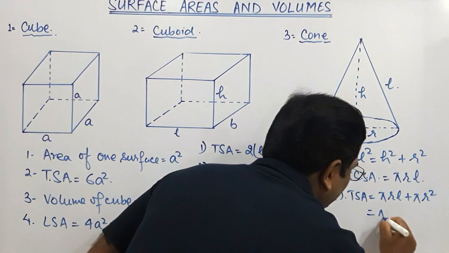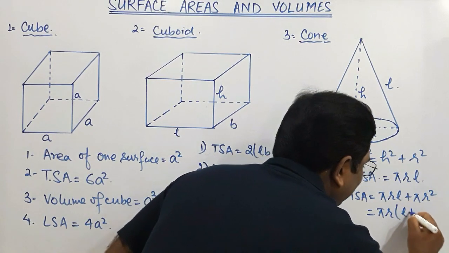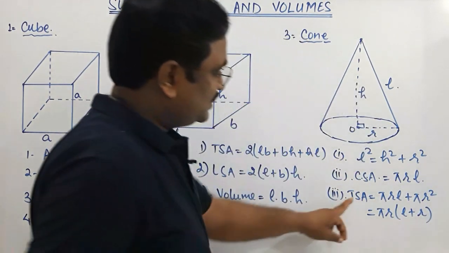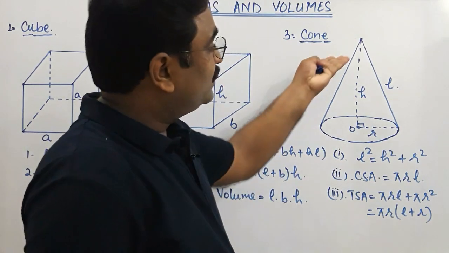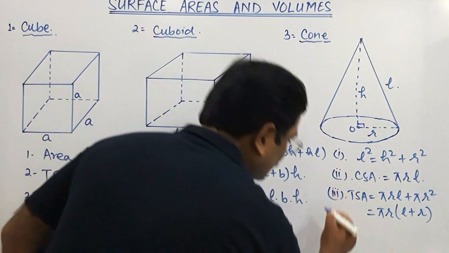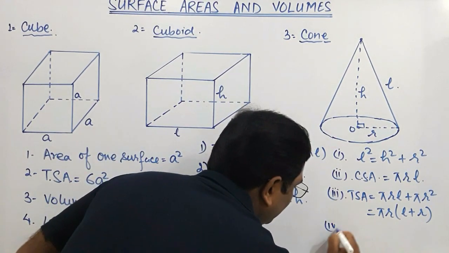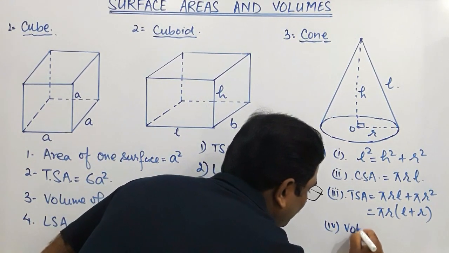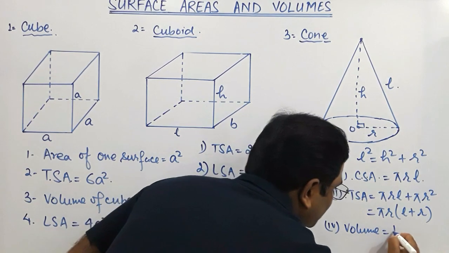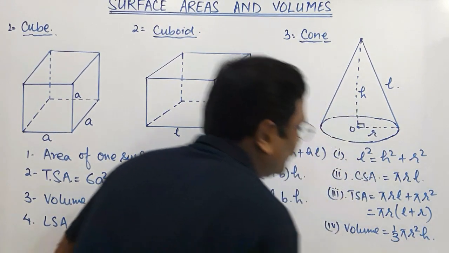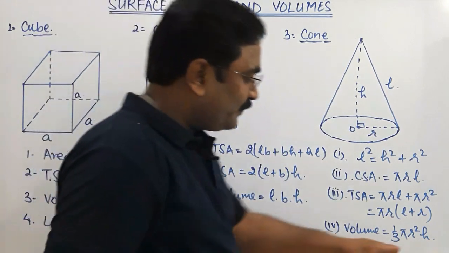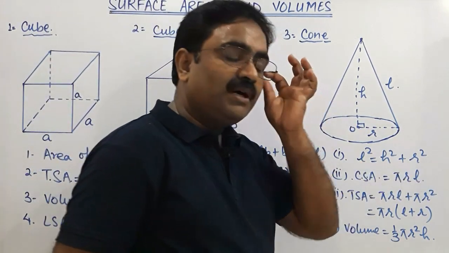If you take pi r as common, you will get pi r into L plus r. This is the total surface area of the cone. Now you can find the volume of cone, which is 1/3 pi r square into h. With the value of h, you can find the slant height with the radius.